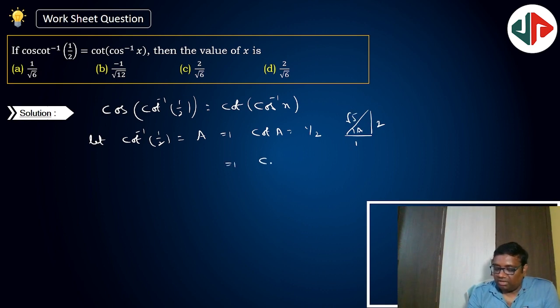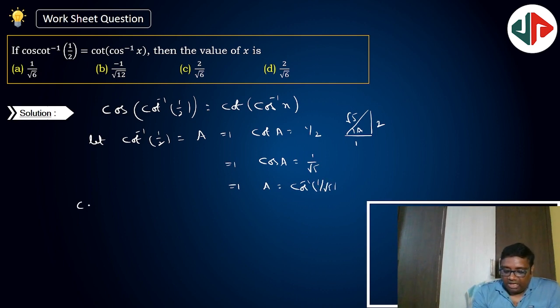So what is cos A value here? Cos A value is 1 by root 5. So A is equal to cos inverse of 1 by root 5. So we can read this as cos inverse of 1 by root 5.